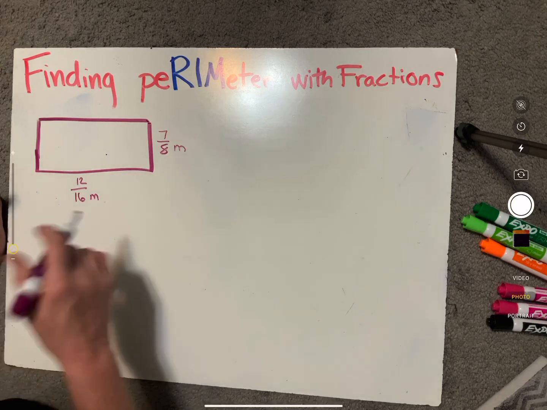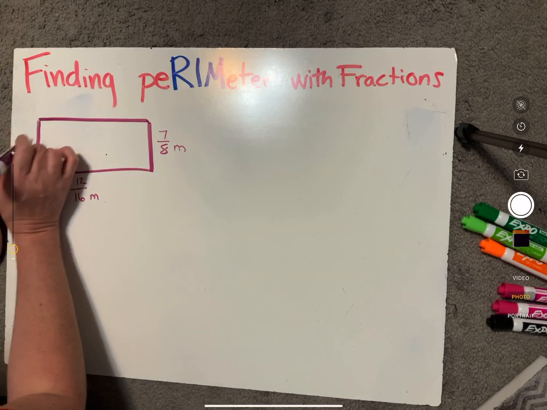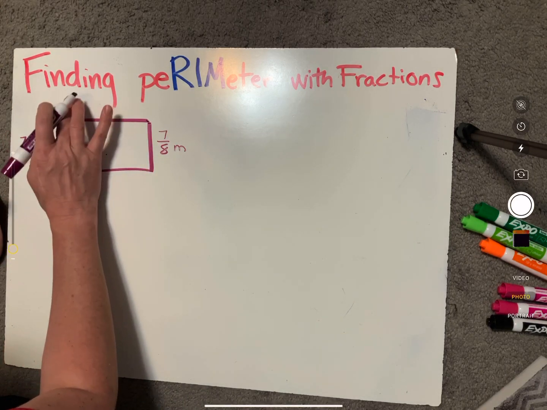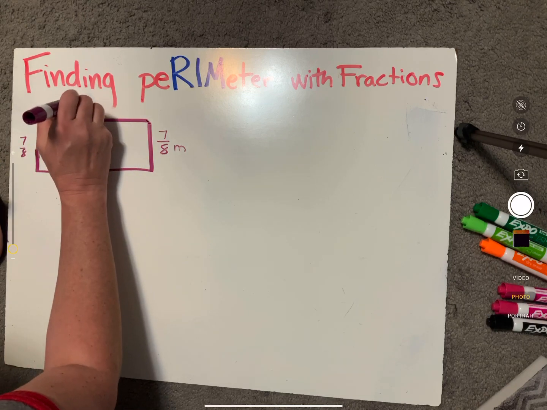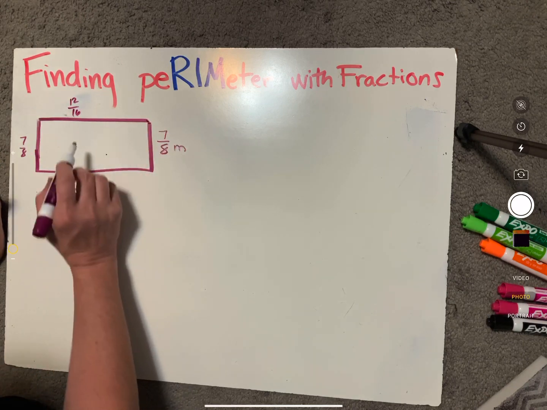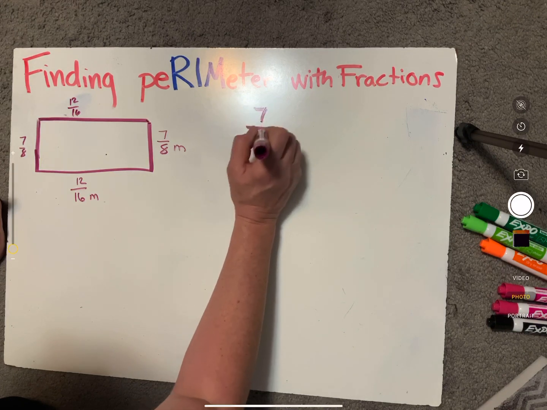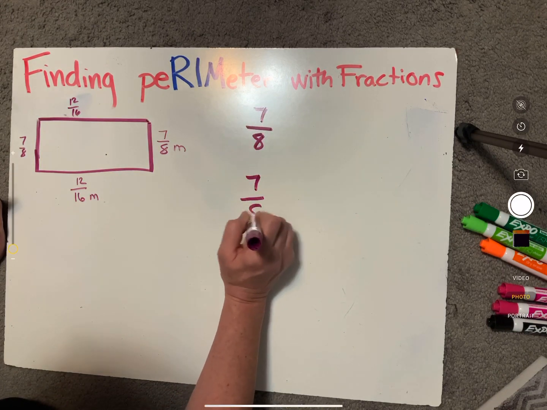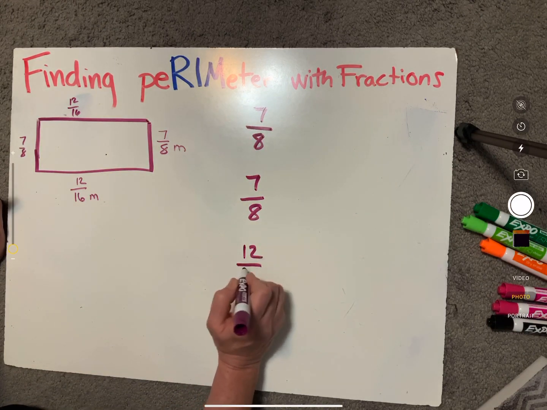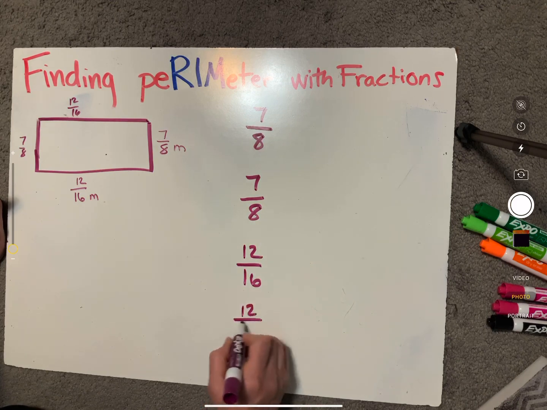We could add up all 4 of them. Remember, this is going to be 7/8, and this is going to be 12/16. They're all meters. So we could take 7/8 plus 7/8 plus 12/16 plus 12/16.